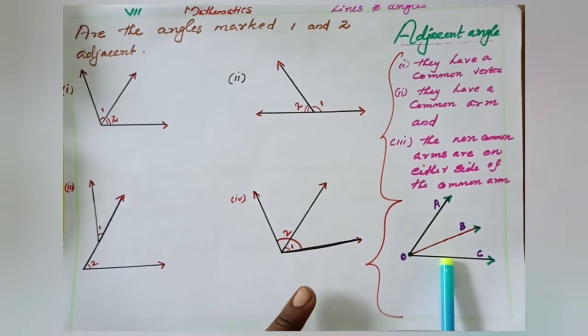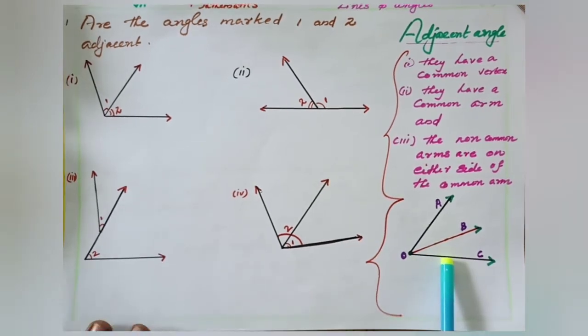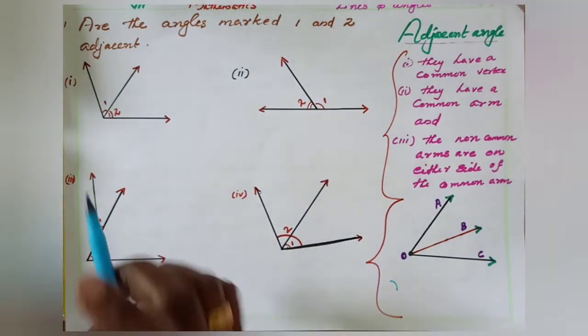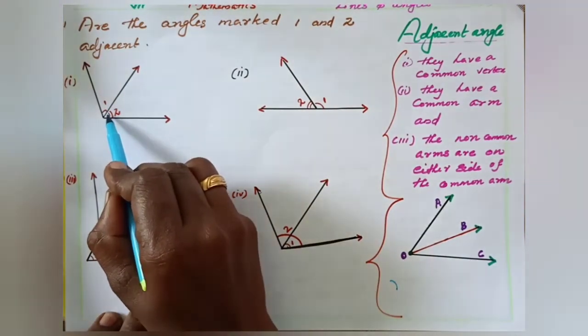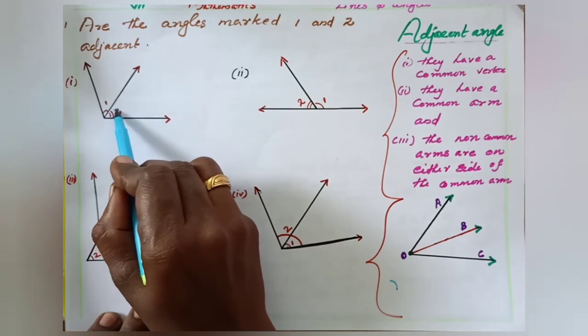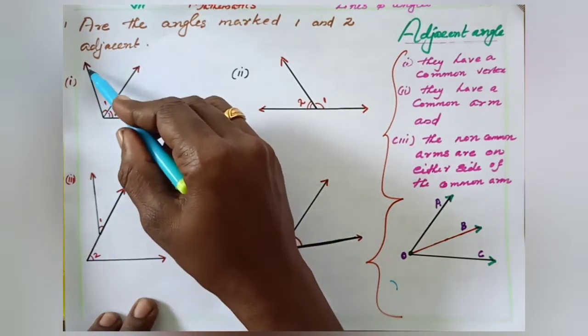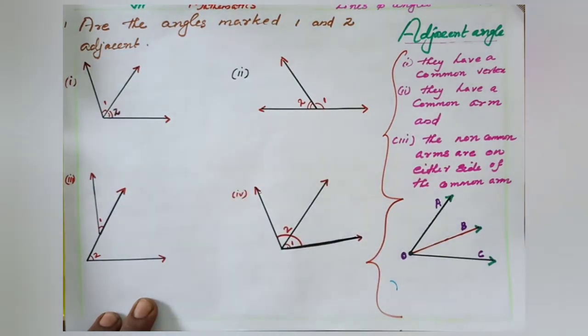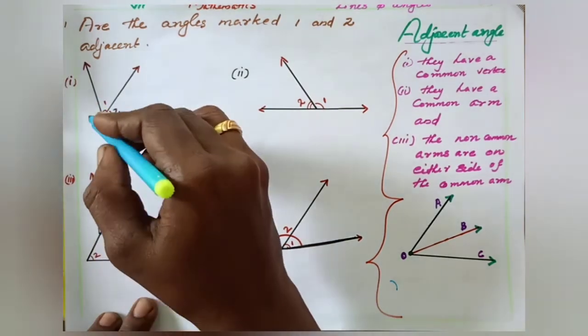Okay. See the first figure. Given this mark, one round mark represents one angle. The 2 marks, 2 arcs here, represent the second angle. So first angle is this, second angle this. Then see, are these adjacent angles or not. We know adjacent angles have a common vertex.